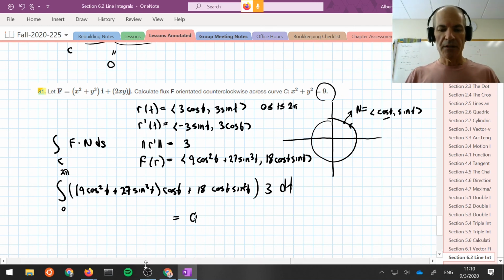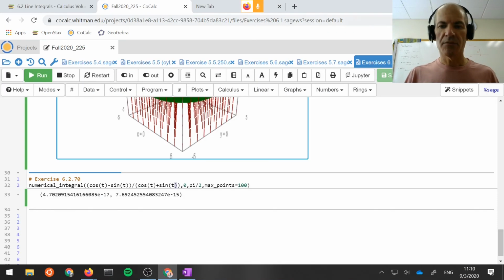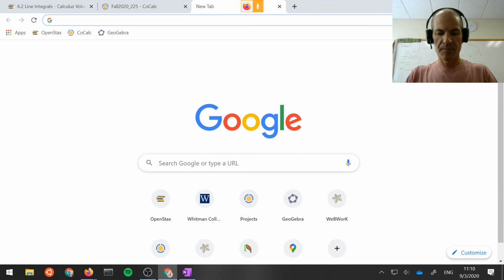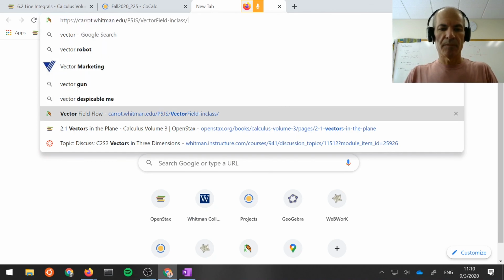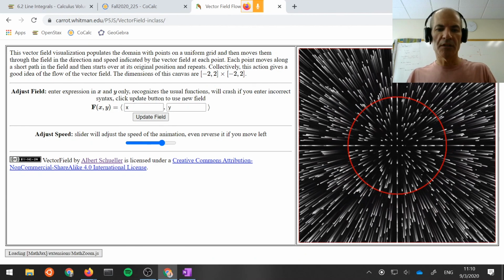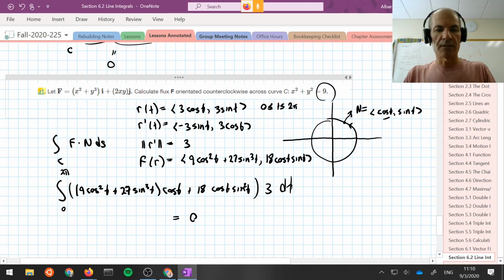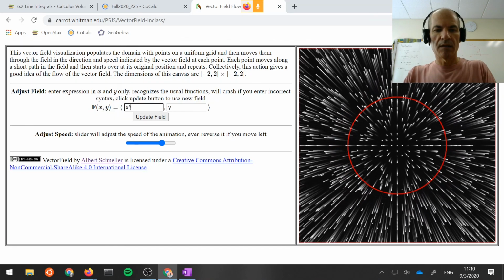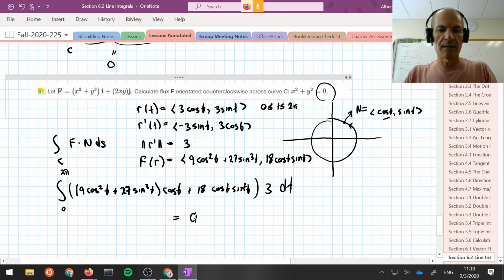I'm going to go to the app that we've visited several times this semester, and let's see what that looks like in the context of this app. So here's a circle. Let's punch in the vector field from this exercise. So it's x squared plus y cubed, and 2xy.